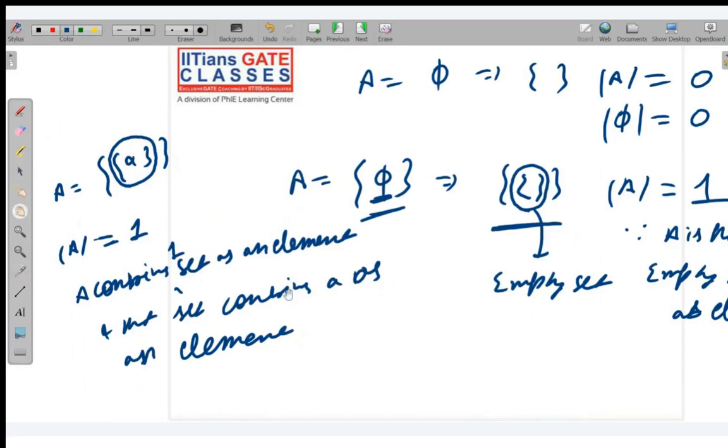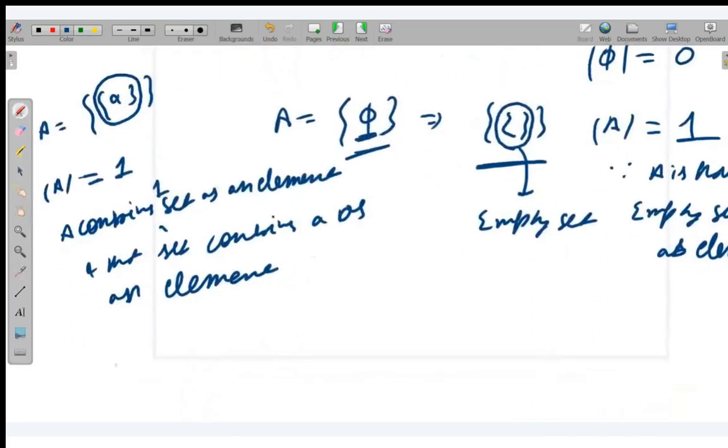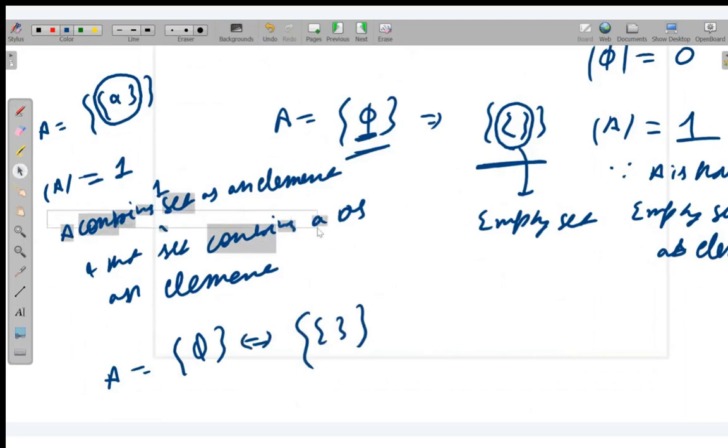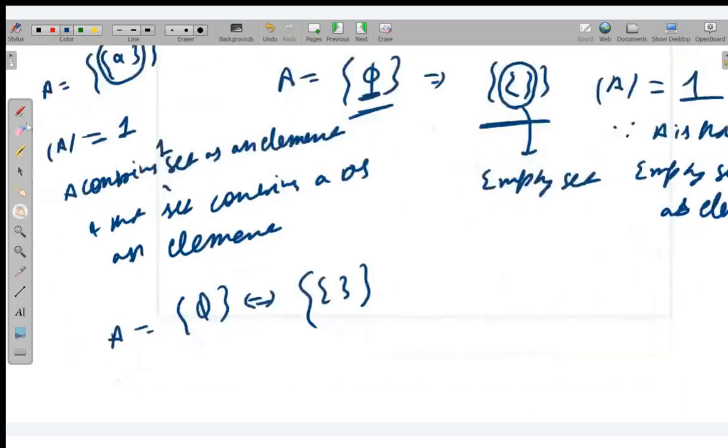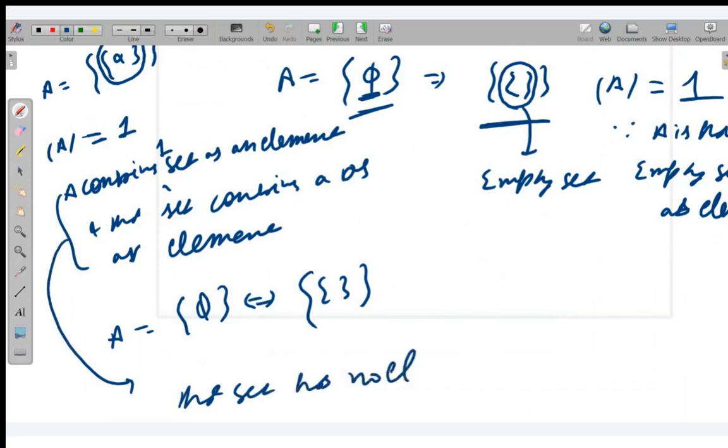So now another thing I will say like this. A is equal to phi like this, and that is nothing but like this, because the phi representation is this only. Yes, so like this you will say, and you will say that set has no element.